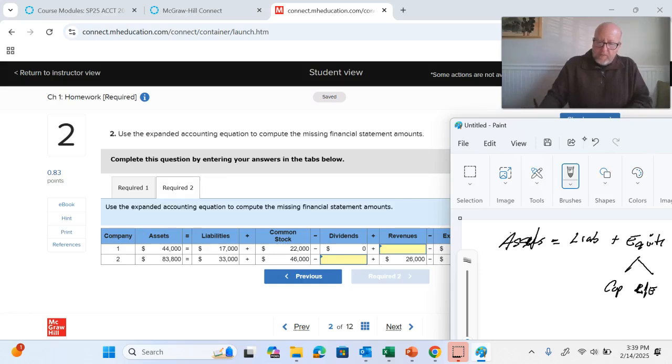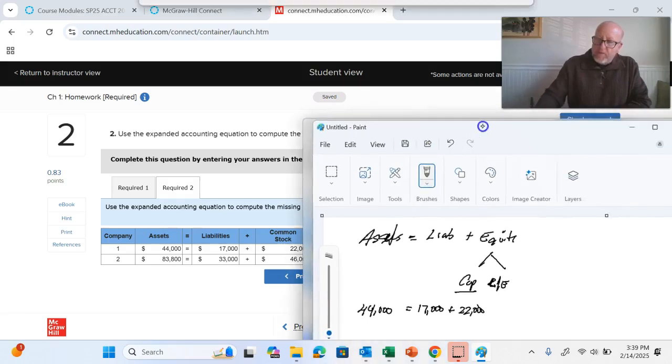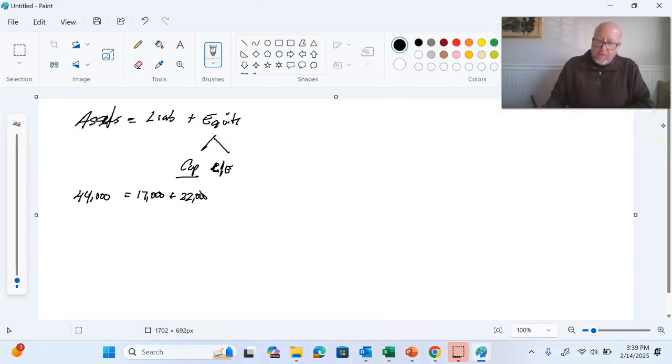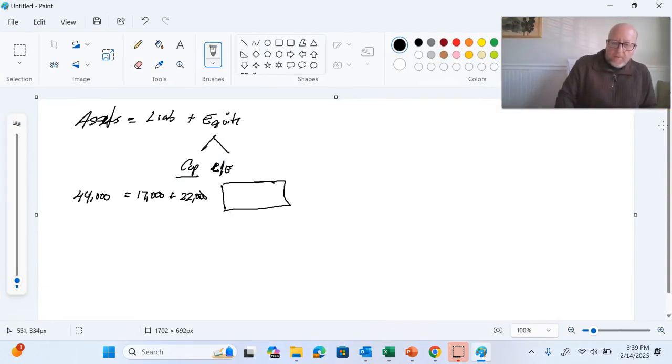In this particular example, assets are 44,000. Liabilities are 17,000. And then common stock or capital is 22,000. So the first thing I would do is try to figure out my retained earnings, right?